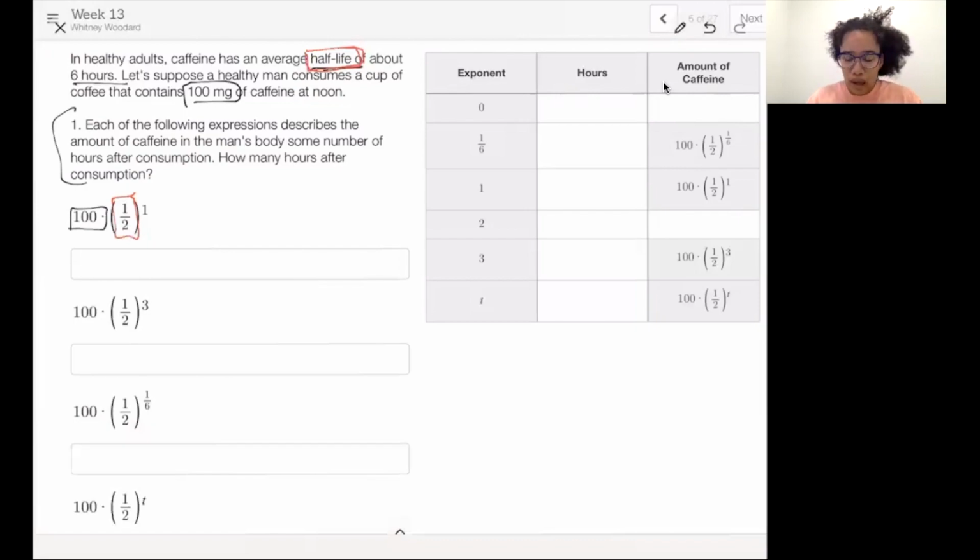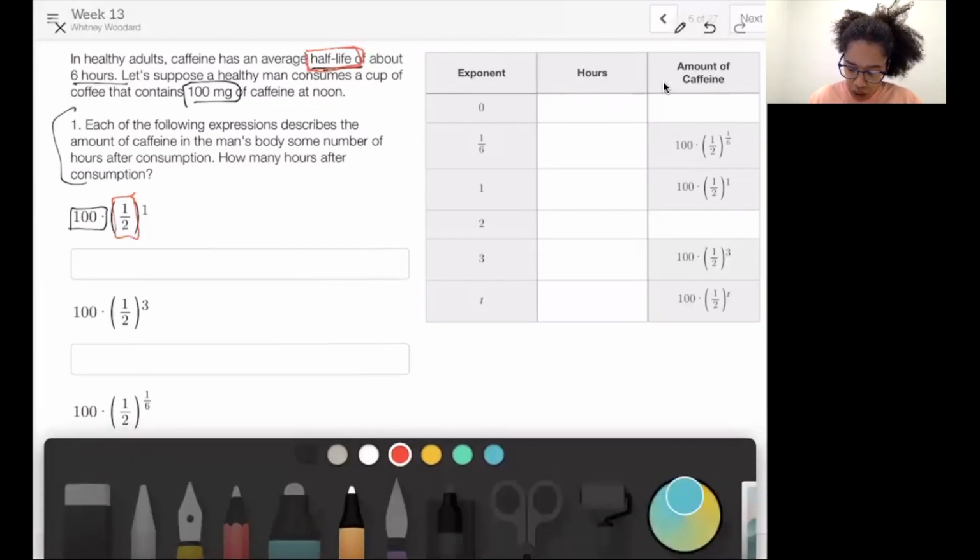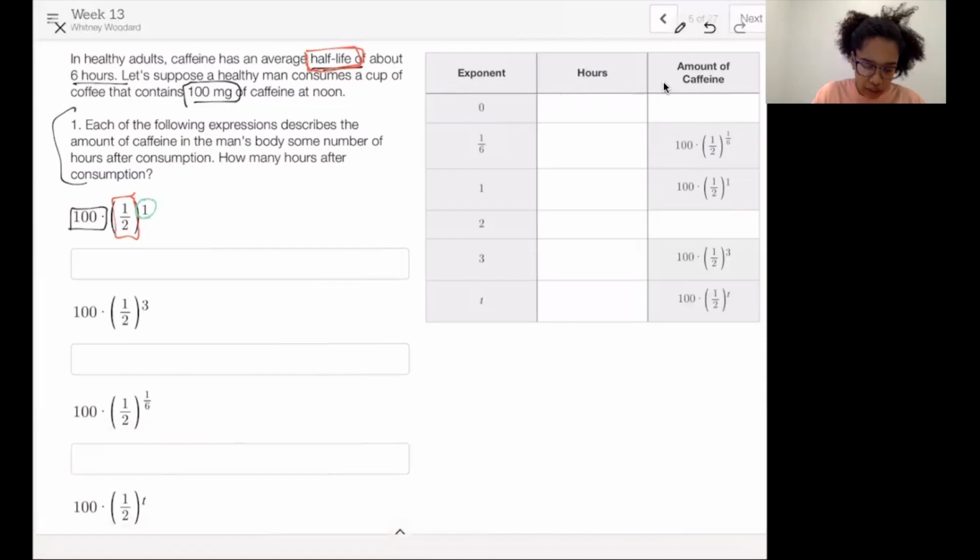Okay, so then that comes to our exponent. What is our exponent representing? Well, this is representing the time. We know that caffeine is decreasing by half every 6 hours. So in this situation, the exponent 1 is representing that 6 hours.